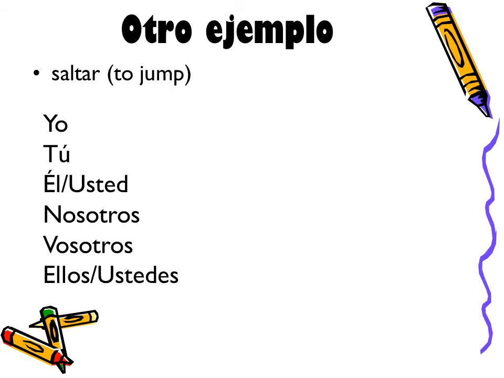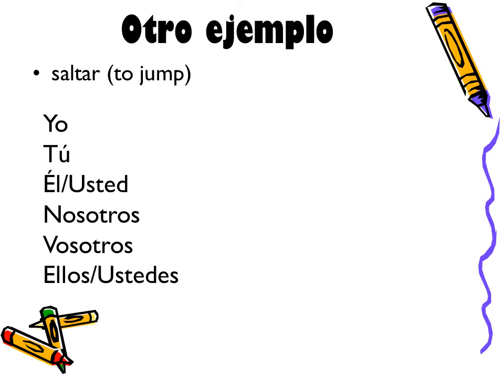So for example, we have él and usted. Those two are masculine, but you can assume that ella also uses the same conjugation. For nosotros, it's implying there that nosotras uses it. Vosotros, it's implied that vosotras uses it as well. And ellos, ellas is also there.